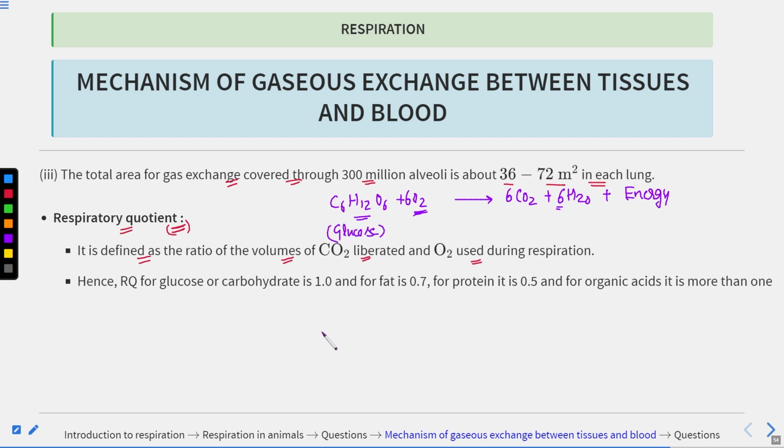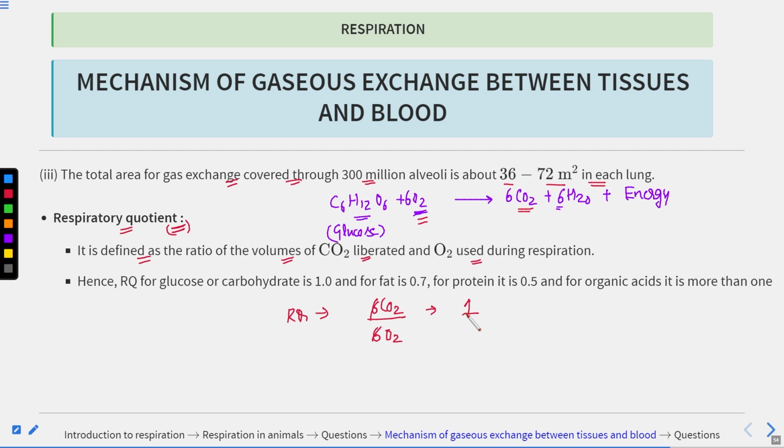Alright, so for glucose, what will be the RQ value? So glucose is a carbohydrate. So you can see 6 carbon dioxide are liberated and 6 oxygen are used. So we can write 6 carbon dioxide liberated divided by 6 oxygen used. Okay, so you can cancel these. So what will you get? You will get the answer 1.